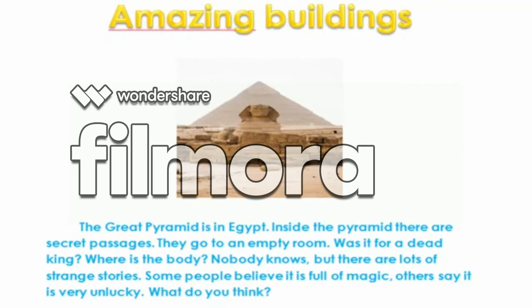Now, the first advice is that you should never get disturbed or bothered by difficult words. Of course, there are certain words that you may not understand. However, you should just understand by the context. How? Let us start. The Great Pyramid, الهرم, Great, الأكبر. The Great Pyramid is, هو, in Egypt, في مصر.